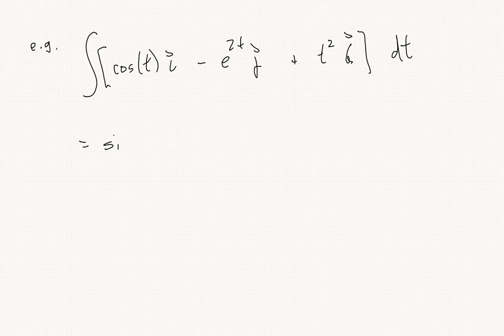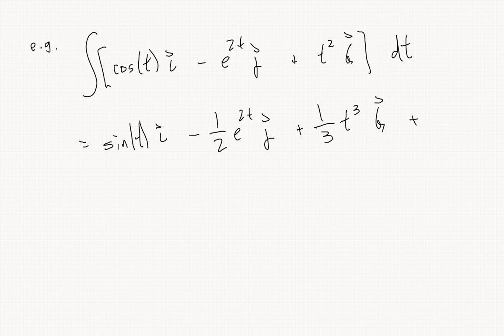So this will be sine of t i minus 1/2 e to the 2t j plus 1/3 t cubed k, and then plus a constant vector.